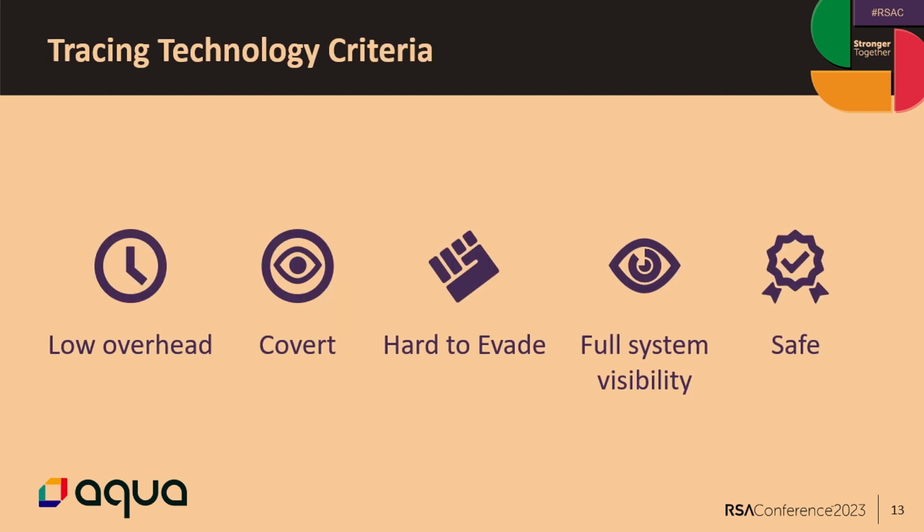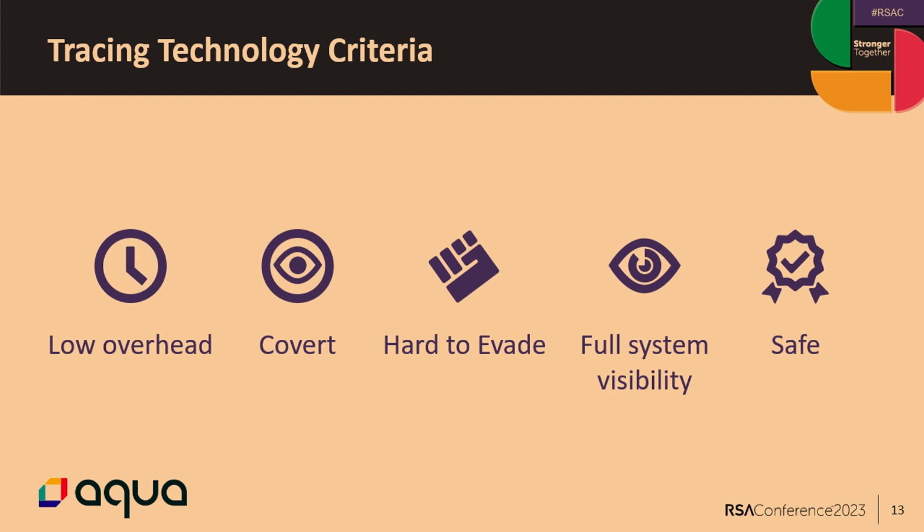So before we pick a tracing method, we want to know what we need to consider, what is the criteria. So first of all, we want it to have a low overhead, so it won't affect the performance of the server. We want it to be covert so attackers won't know that they're being monitored.